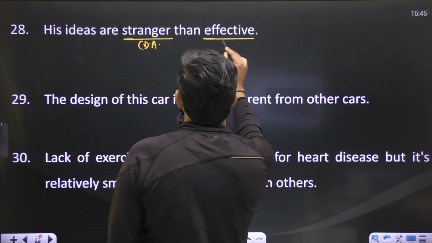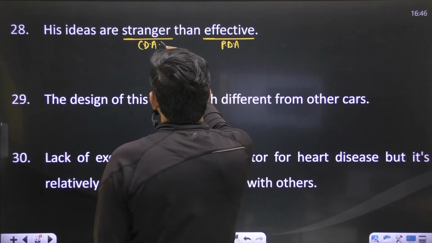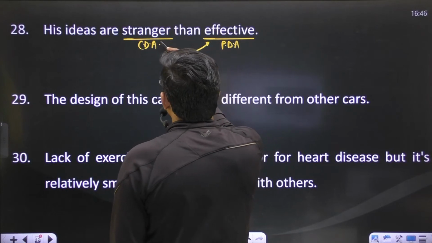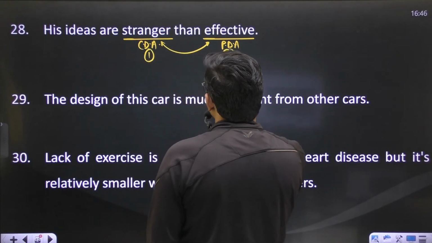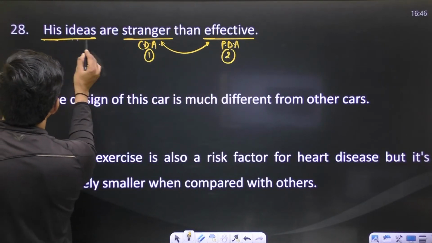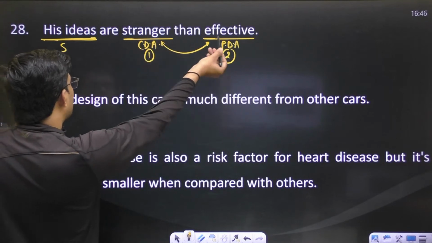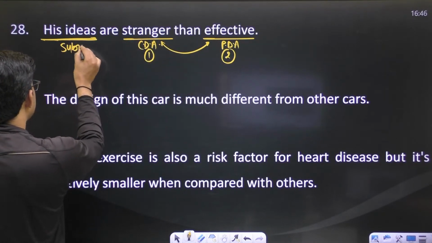This is a positive degree adjective, and the concept is whenever two qualities, this one is the first quality, this one is the second quality, of a single person or thing, this is the subject, both the qualities belong to what, his ideas, this is the subject, right?